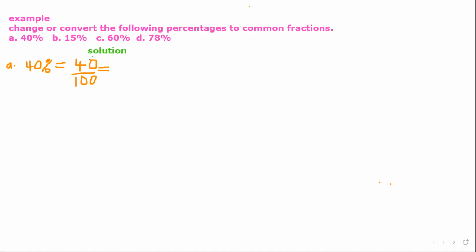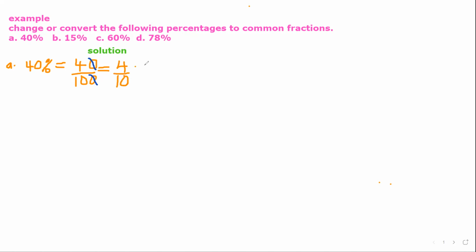The last digit of the 40 ends with 0, and the last digit of the 100 also ends with 0. Then you cancel the zeros to reduce the burden of division here. And then at the next stage, the 40 over 100 has reduced to 4 over 10.